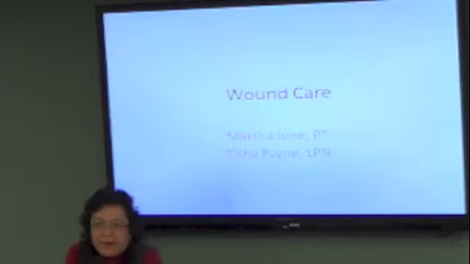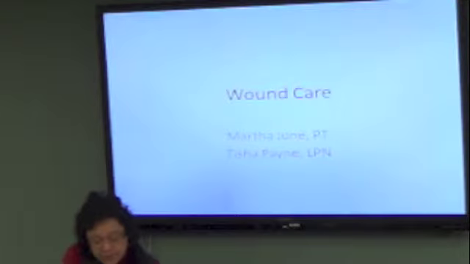The important part about wound healing is that there are different stages of wound healing. If you have an injury, an open wound, a full thickness wound, then there is a process that is going to happen in a normal healing. The first one is the hemostasis. That's the phase that initiates the wound healing cascade.